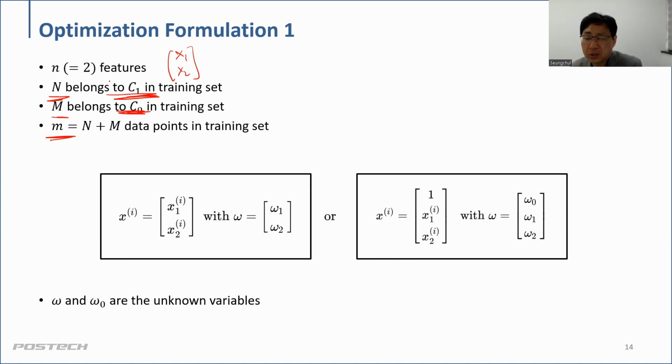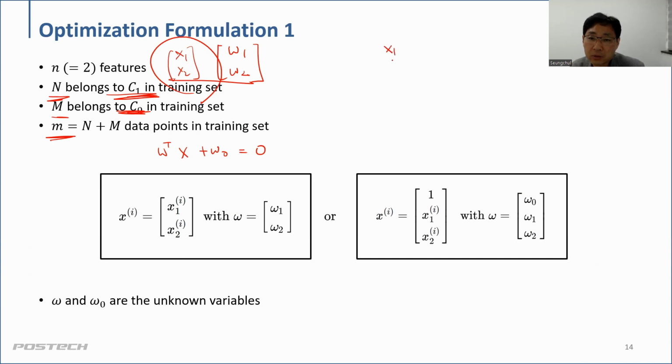Actually there are two representations. If you do it this way, then we have omega 1 and omega 2, so it's omega transpose x plus omega naught equal to 0.